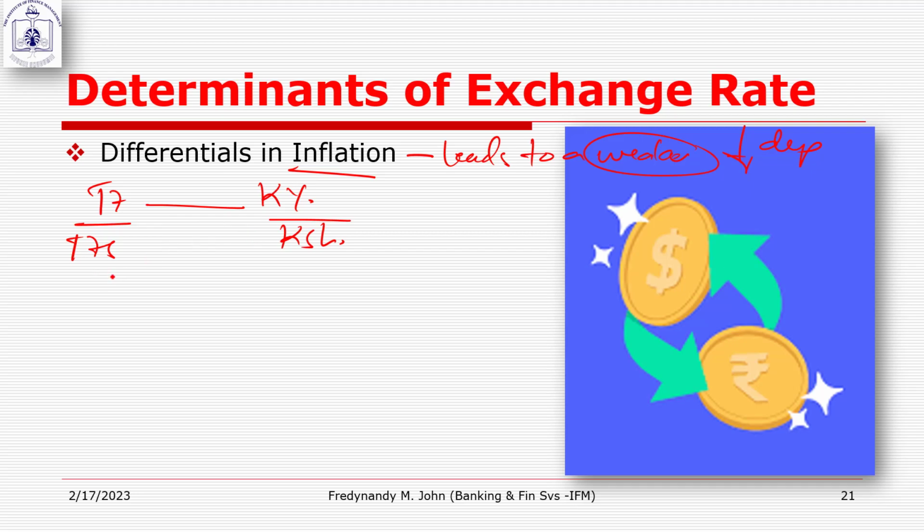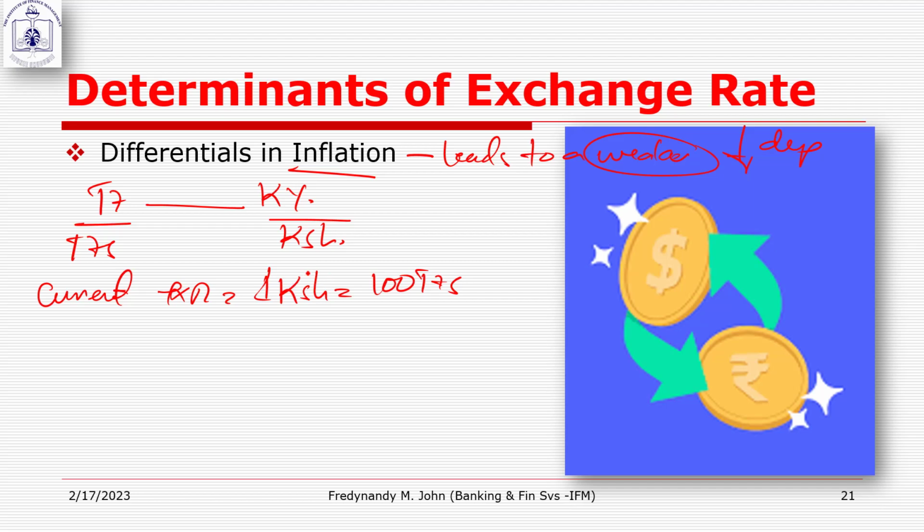Suppose the current exchange rate between the currencies of these two countries is 1 Kenyan shilling for 100 Tanzanian shillings. That means you need 100 Tanzanian shillings to purchase 1 unit of the Kenyan shilling.